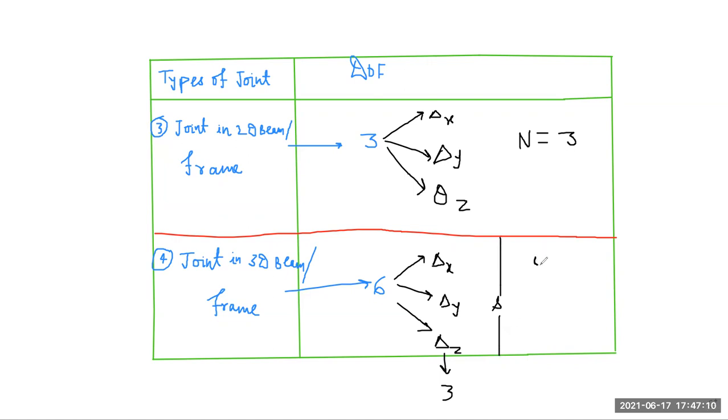These are also three displacements of rotation type. So theta x, theta y, and theta z are also available as degrees of freedom. So basically three plus three will become 6.